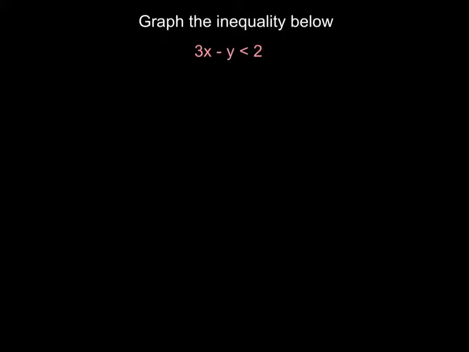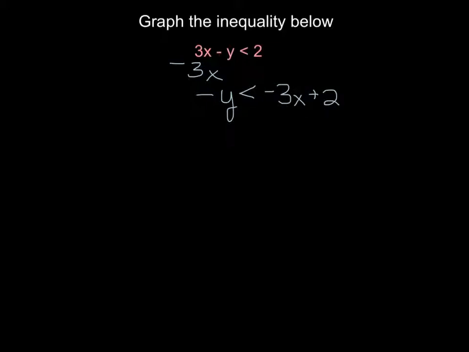So let's take a look at an example. It says, graph the inequality below. You have 3x minus y is less than 2. So you're first going to solve for y in terms of x, which means you want to get y by itself. We begin by subtracting 3x from both sides, which leaves you negative y is less than negative 3x plus 2.